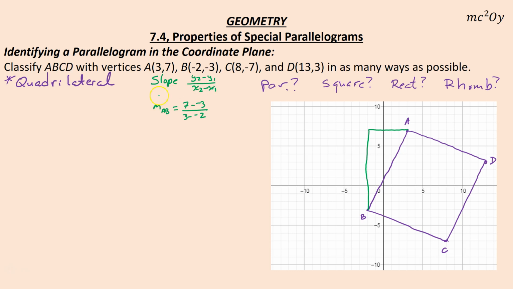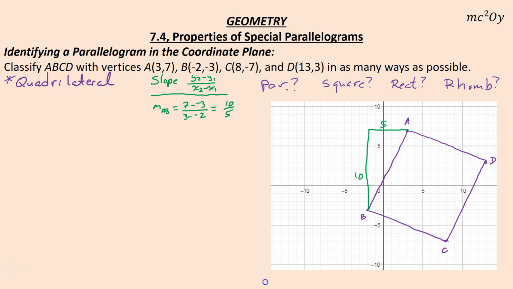Okay? So, key piece of information there, right? And so if I do the calculation here, I end up with 10 over 5. Remember, 2 negatives mean add, so it's 7 plus 3, which is 10, and 3 plus 2, which is 5. And I know I could simplify that, but I'm not going to for a specific reason here. And by the way, the whole reason I drew this is rise 10, run 5. So you could draw the triangles in there, but I'm actually doing the calculation for a reason.